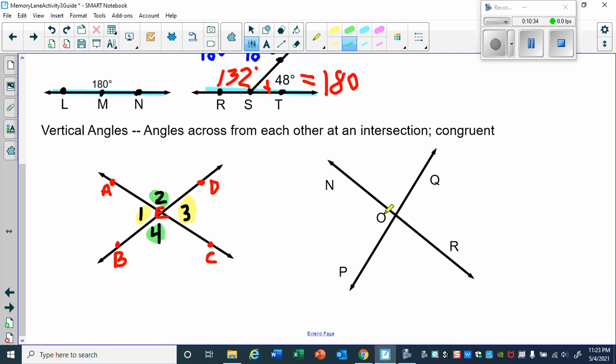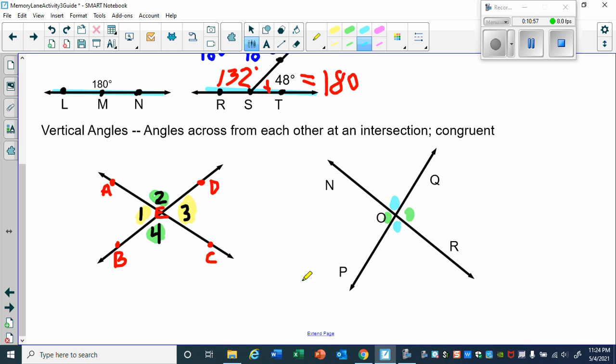So basically, your congruent angles are going to be directly across from each other. So this might be an idea: highlight one angle, go directly across, highlight it with the same color, and then you flip-flop.